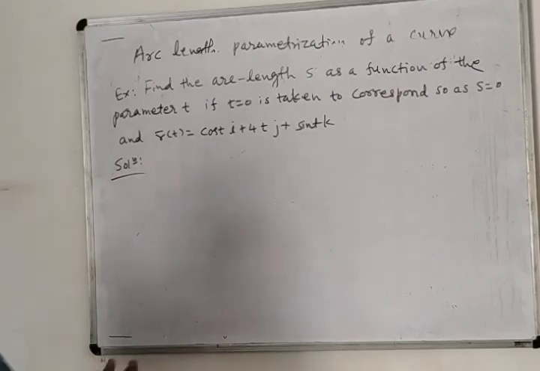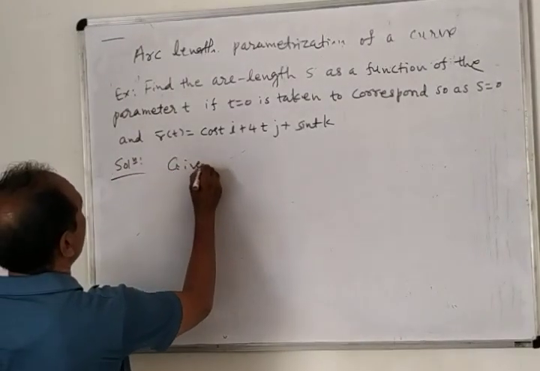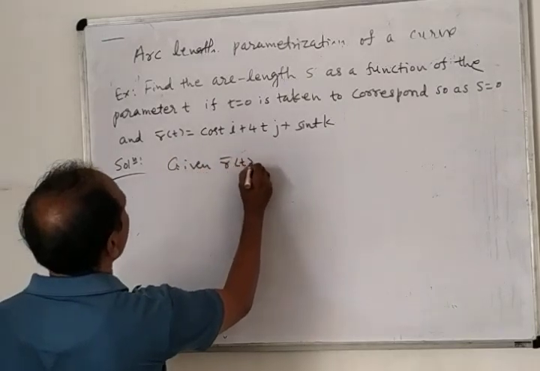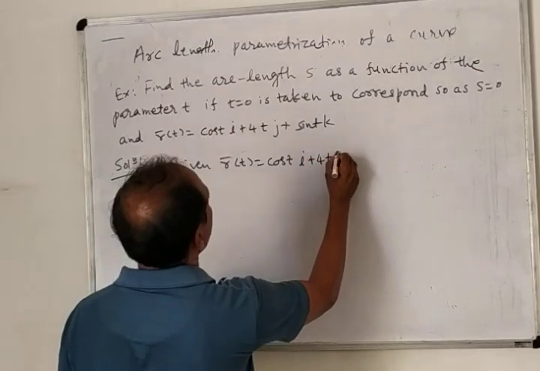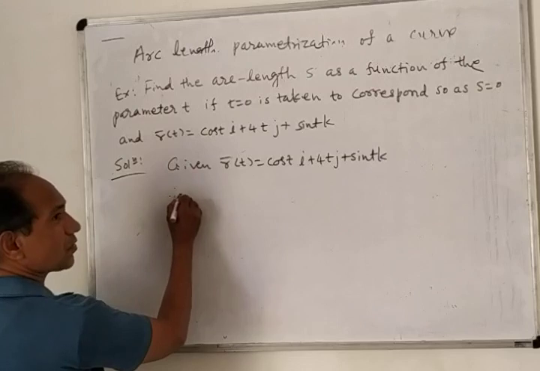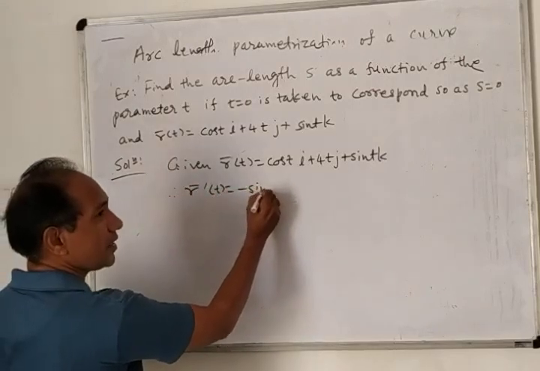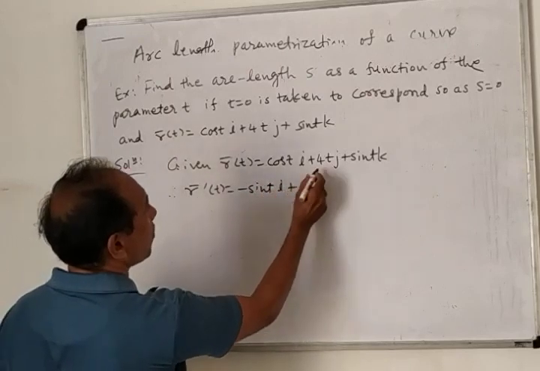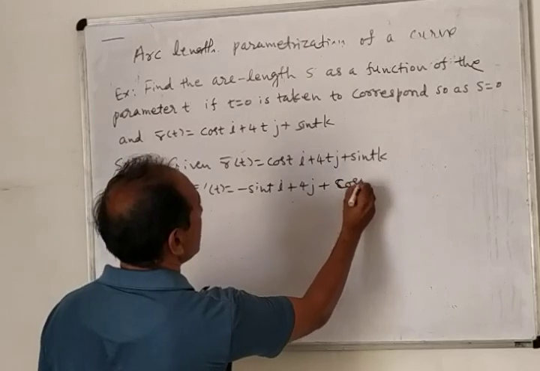So now r bar t is given: r bar t equal to cos t i plus 4t j plus sin t k. First of all we will find out r bar dash t equal to minus sin t i plus 4j plus cos t k.